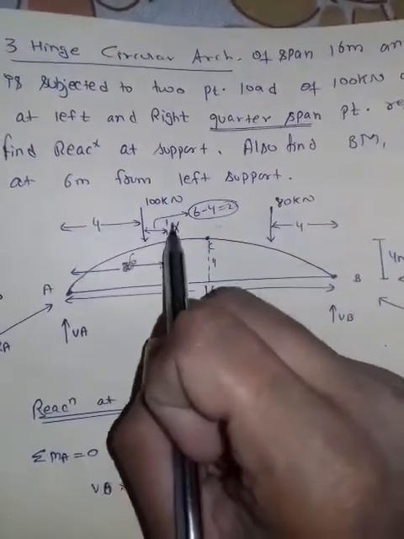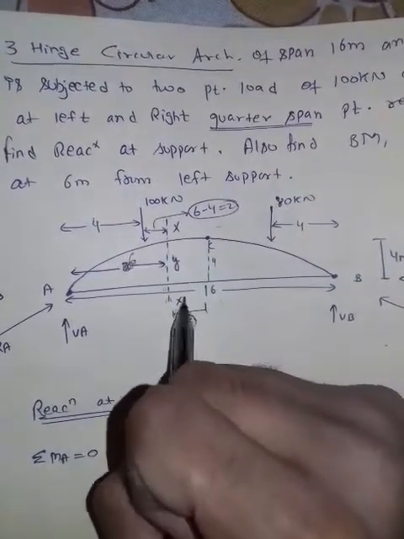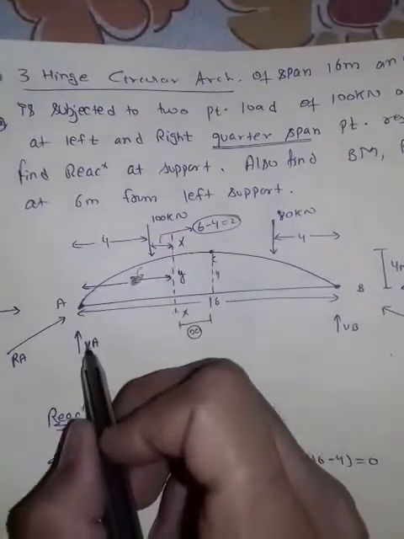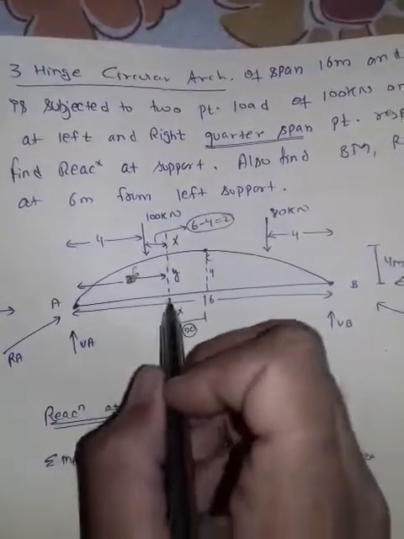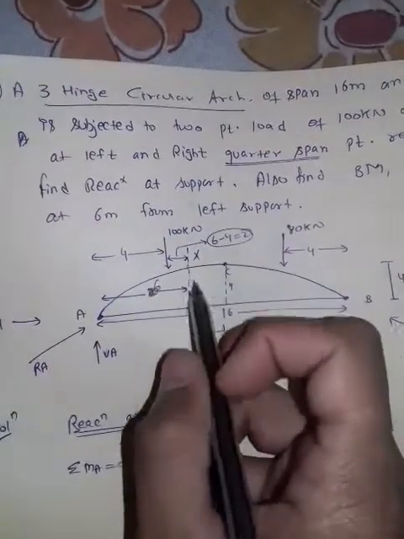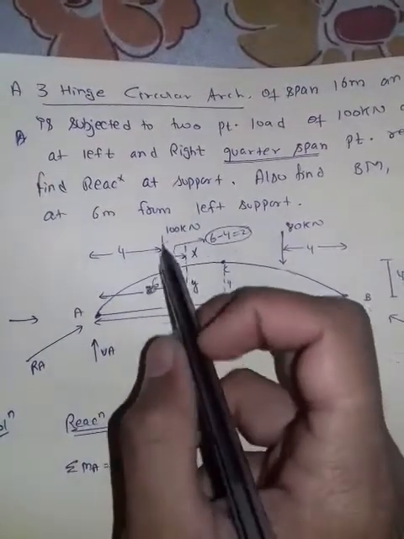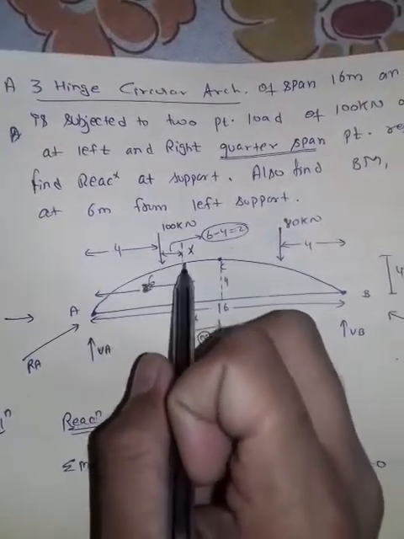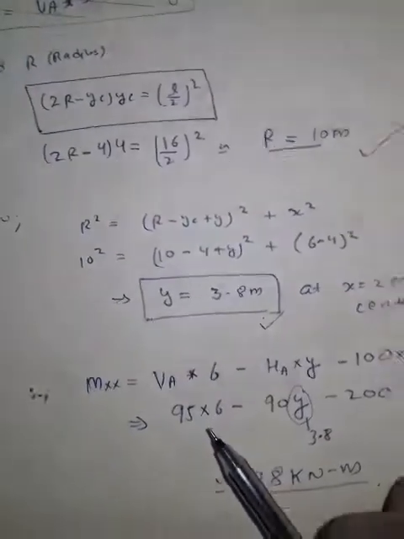So the bending moment equation is Va multiplied by 6 minus h multiplied by y minus 100 multiplied by this distance, that is 6 minus 4, that is 2 meter. Okay, clear?